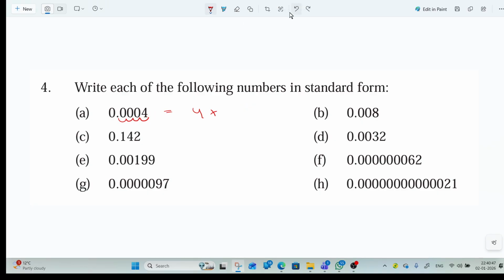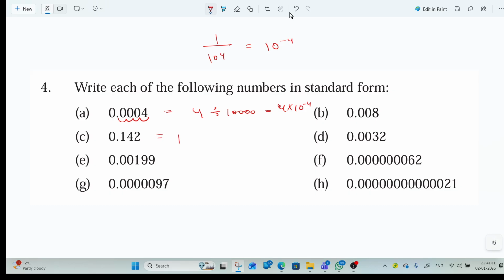Why? Because you are dividing by 4 zeros. So this will become 4 times 10 to the power negative 4. Because if we have 1 over 10 to the power 4, this will become 10 to the power negative 4 if you put it in the numerator.